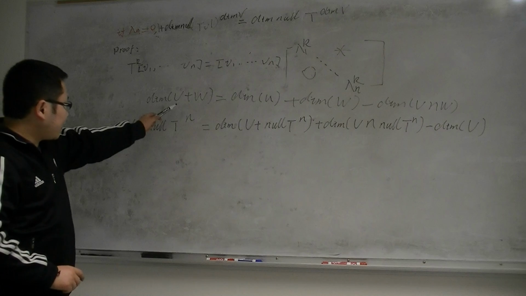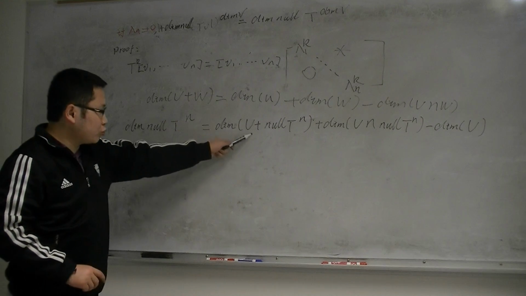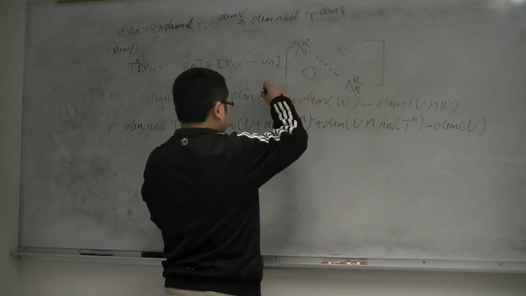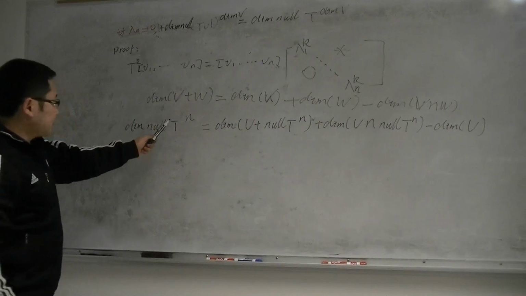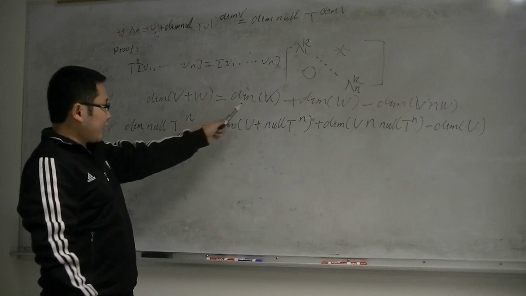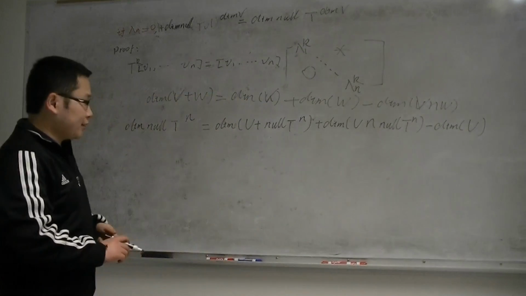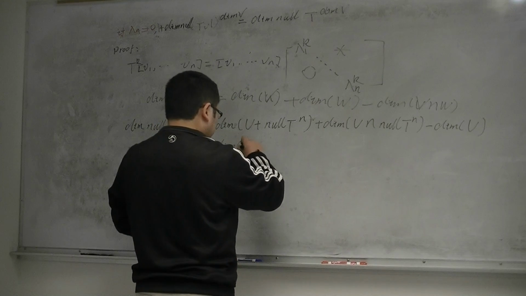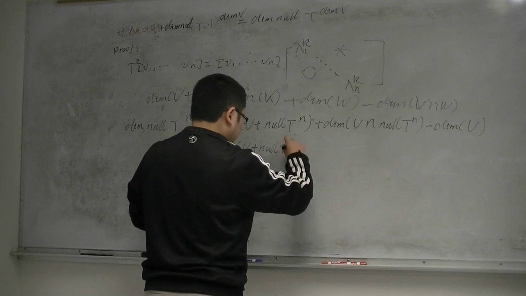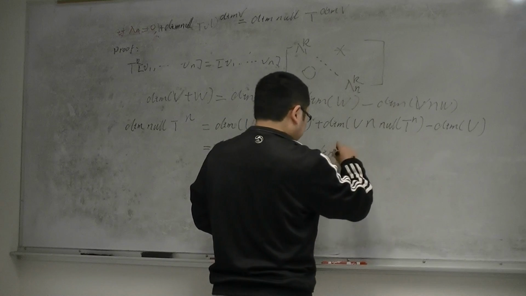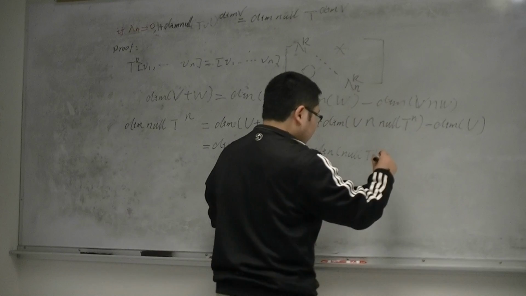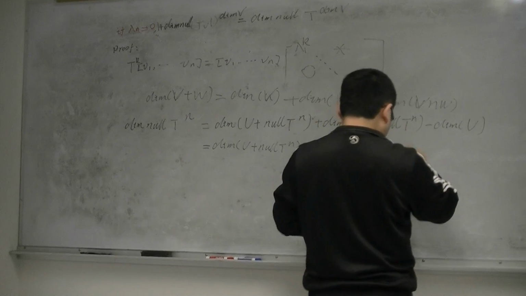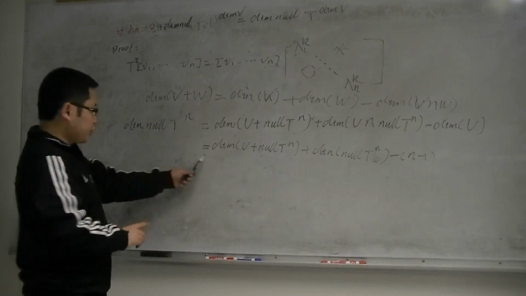If I let U equal the null space of Tn, and W equal U, then I can put these atoms to here and have forms like this one, which is equal to this one.